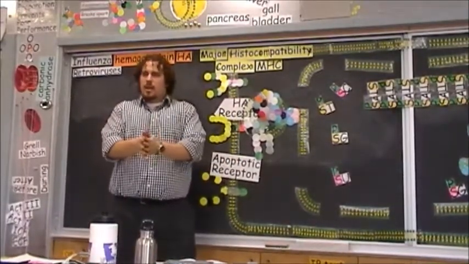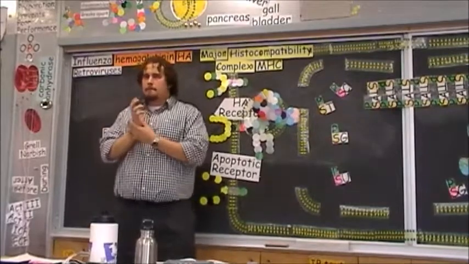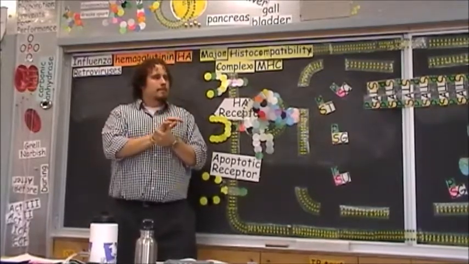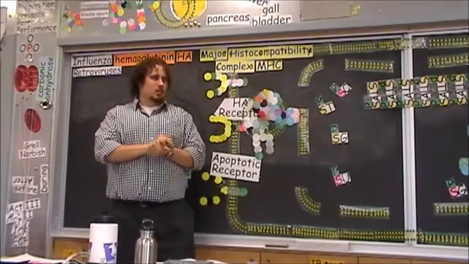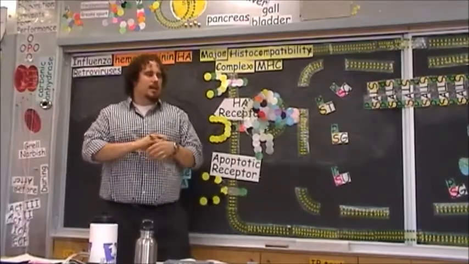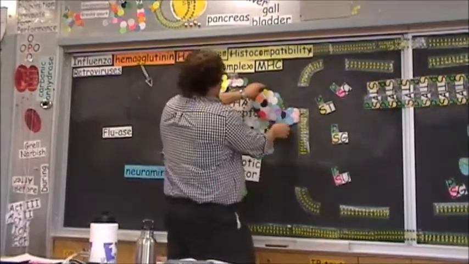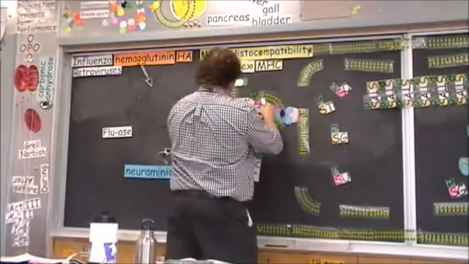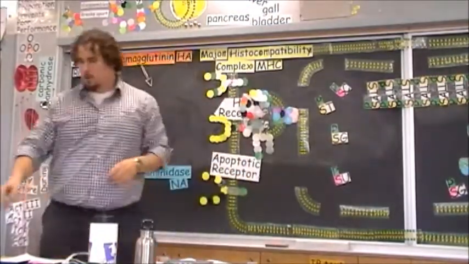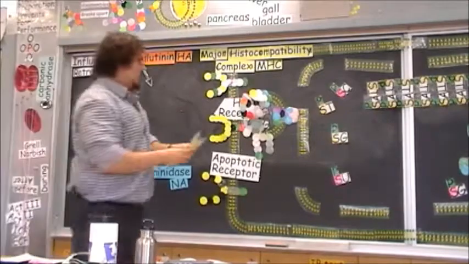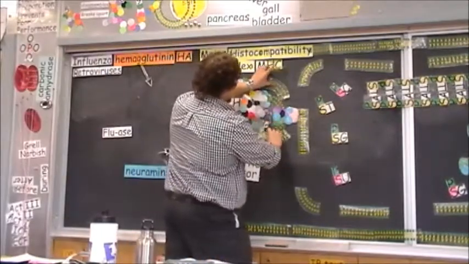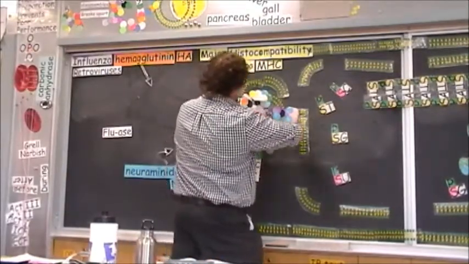lysosomes. Does anyone know what the function of lysosomes is? They can cause the suicide of the cell, and they do that by destroying cell membranes. So to model this, it'll cause lysis of this virus particle.